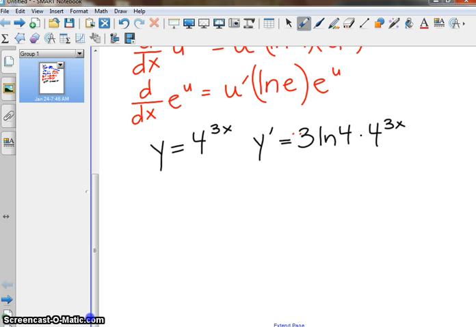Your other formula from this section is the derivative of log base a of x. Now, I started this video with reminding you that this is the same thing as natural log of x divided by natural log of a if we do the change of base formula.